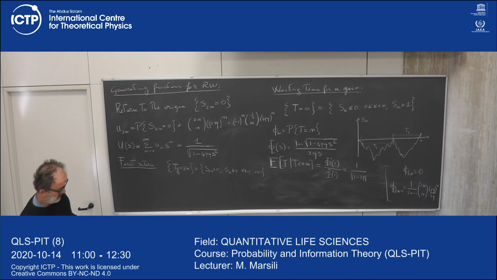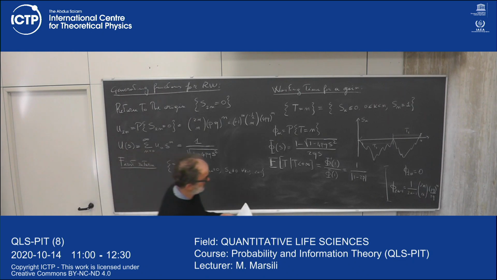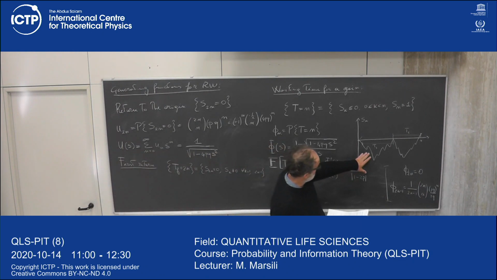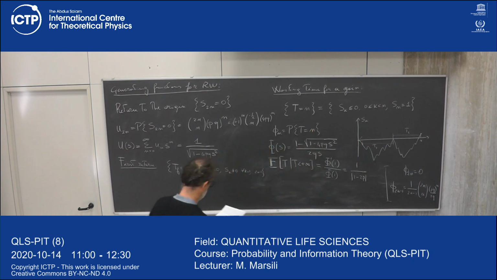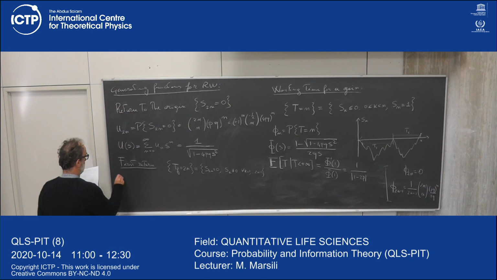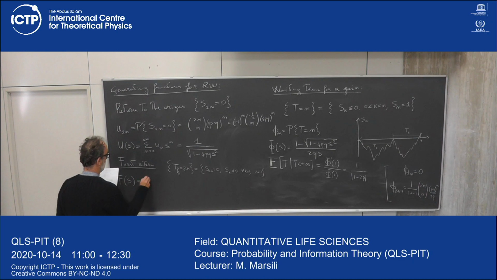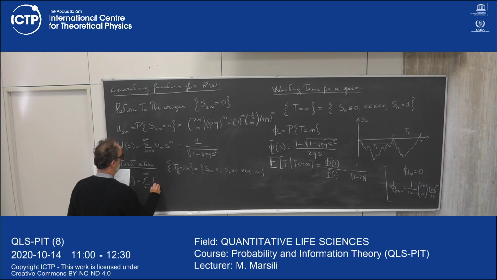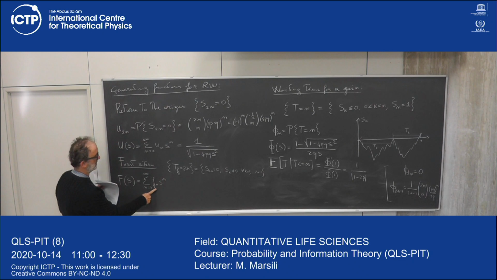Again, in this case, we can use this calculation that we did here, because we can compute the generating function of the probability that the first return occurs at time n. So this is the probability that the first return occurs at time n.